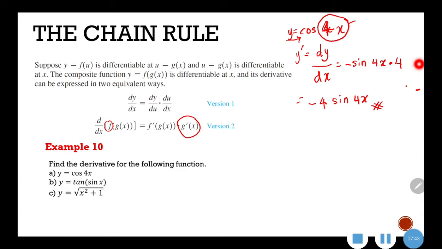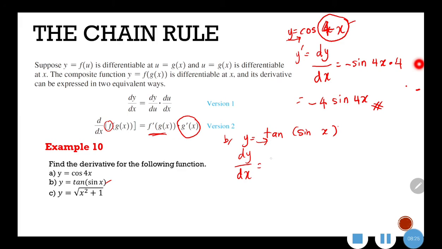So for part b here, we're going to use the second method again. So b is y equal to tan sin x. What we should do? Differentiate the first function you see from the left, which is tan, and just let the second function be, as you can see in the formula here.